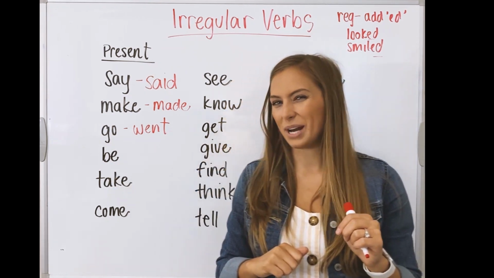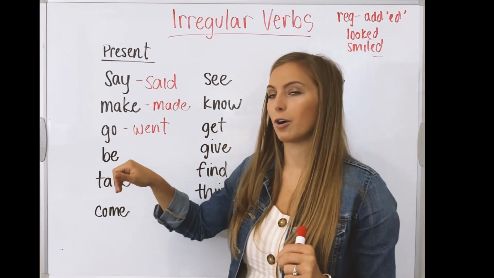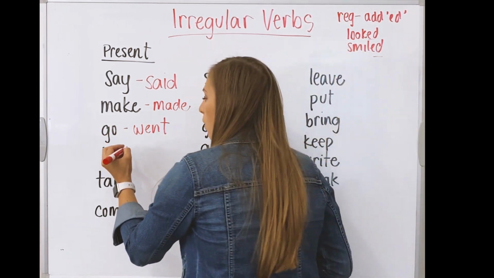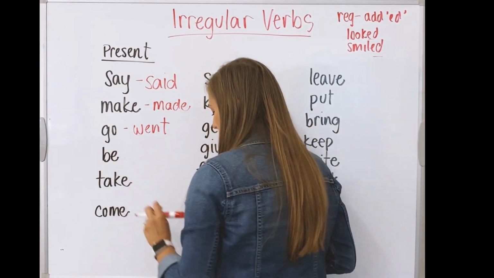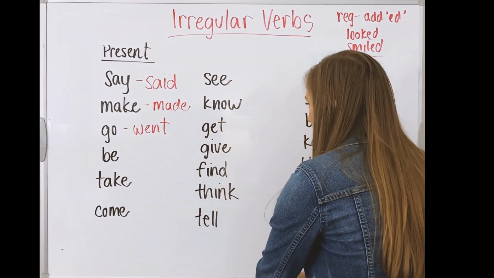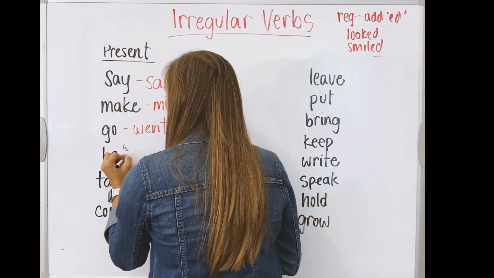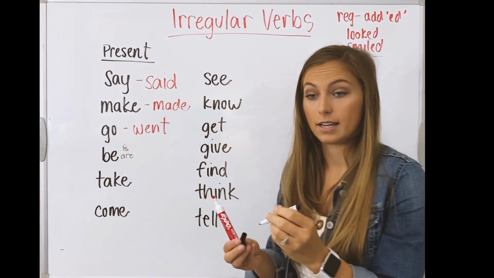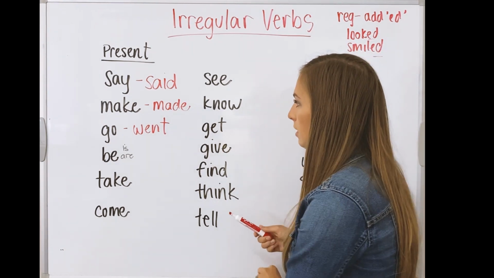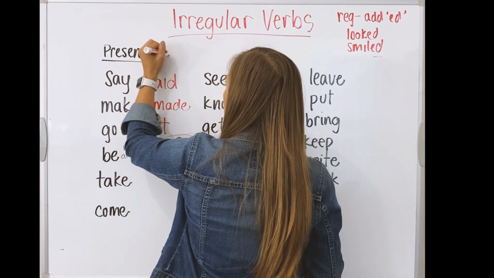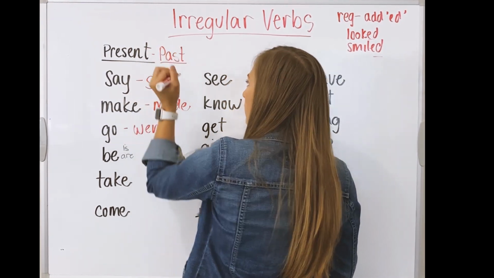All right, be. Be is our weird word, but we use this verb all of the time. So it's important that you know this, right? So for be, in the present tense, we have is and are. I wrote that in black for present. Okay, and I might want to write the past in red.